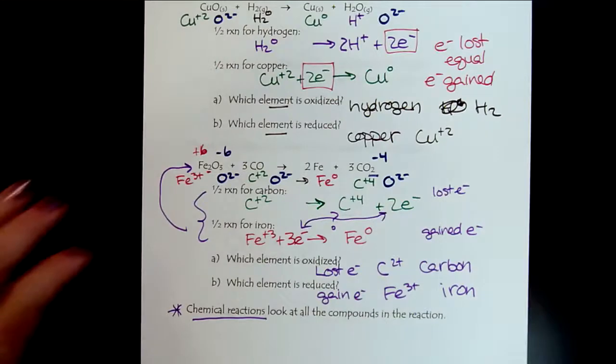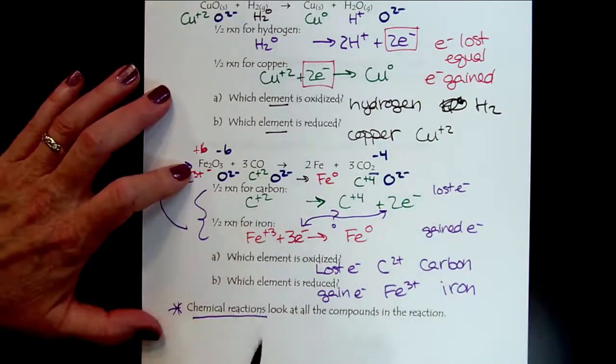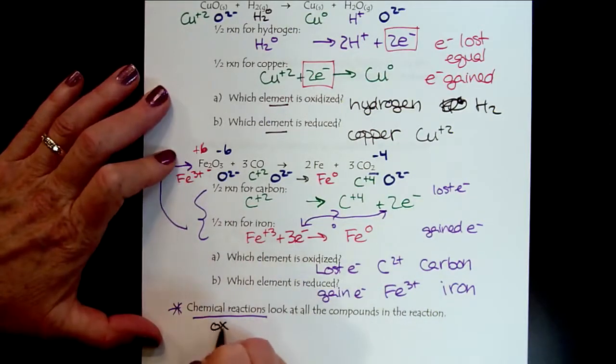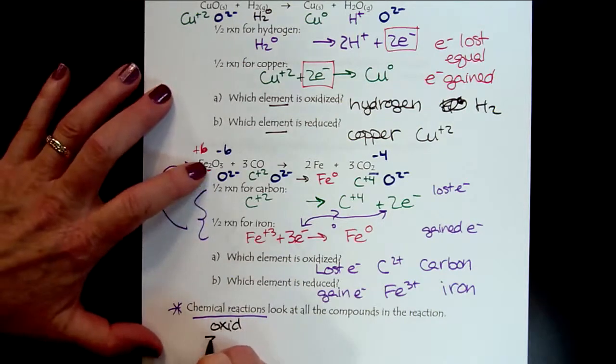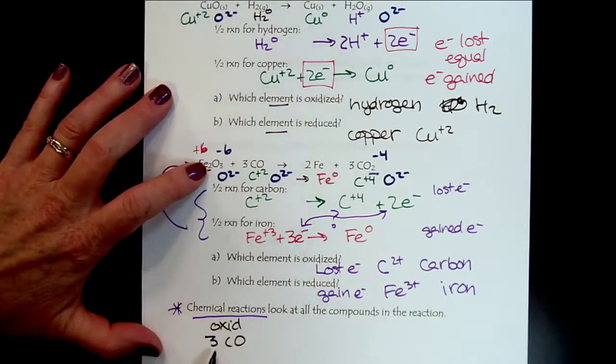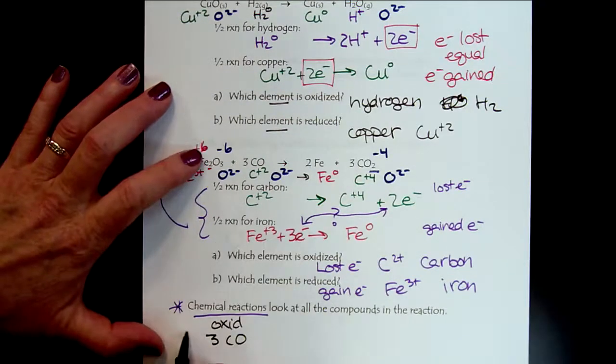What's going on here? Okay, so we look at the half reaction for carbon, so that's our oxidation reaction. Now we look at the full chemical reaction. From the chemical reaction, we see there's the coefficient of 3.